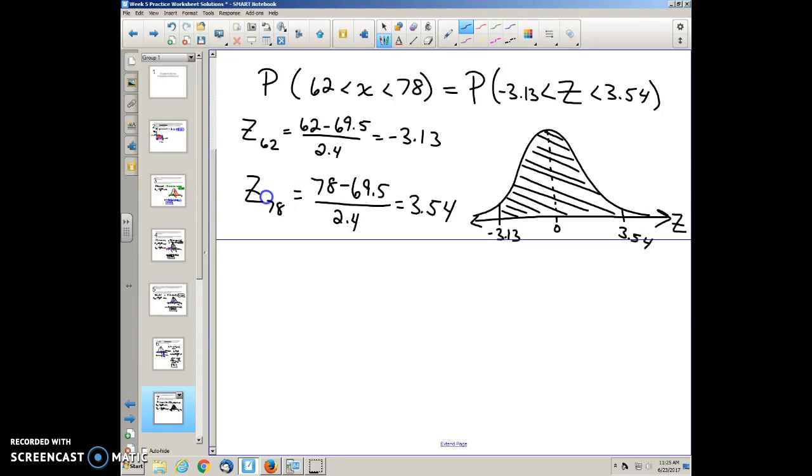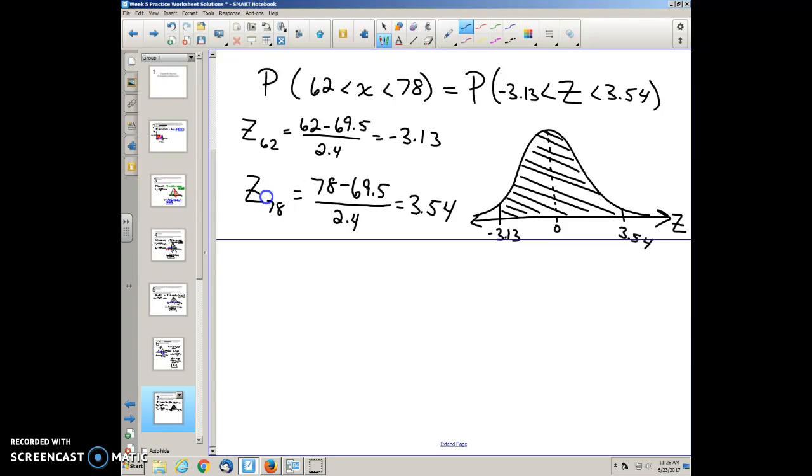All right, now we're going to go ahead and just use our calculator, normal CDF function. If you were going to use the table, you first need to find the area to the left of 3.54, then find the area to the left of negative 3.13, and then subtract those two numbers.